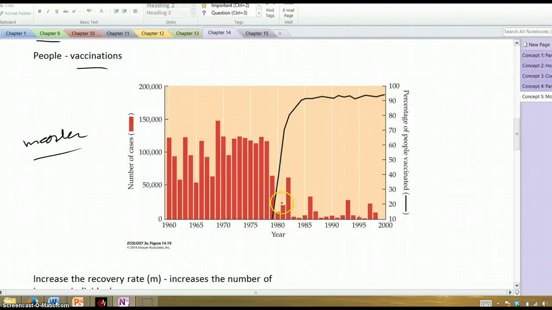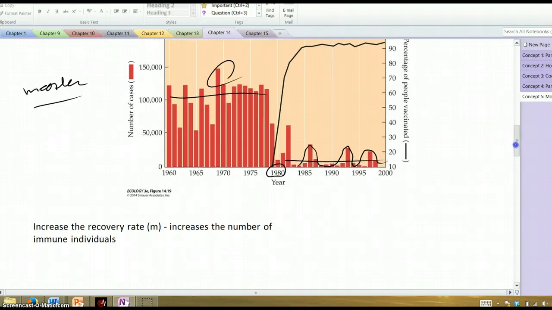They started an immunization program in the late 70s, early 80s, and you can see that the percentage of people being vaccinated increased rapidly and reached a pretty high rate.